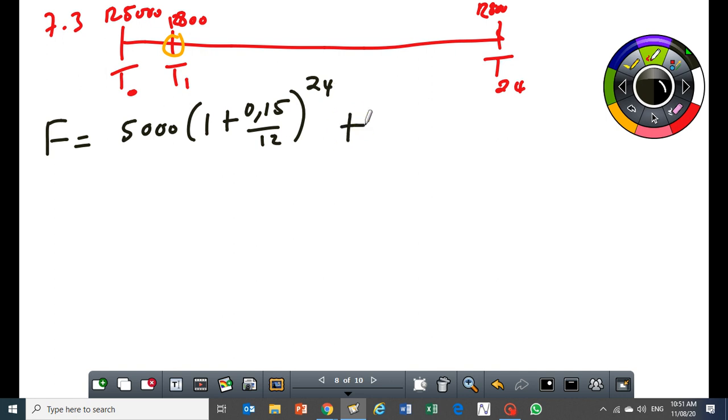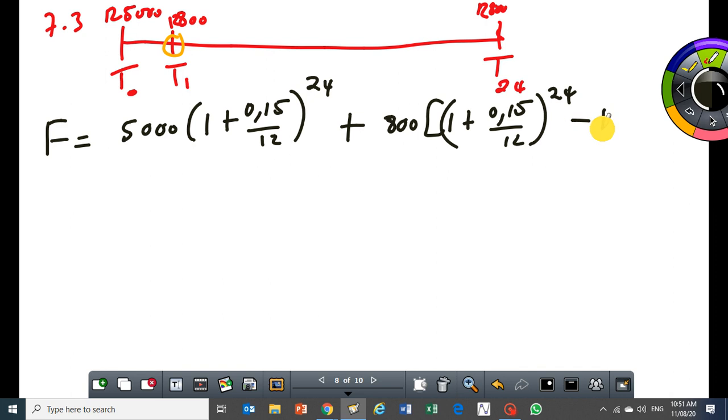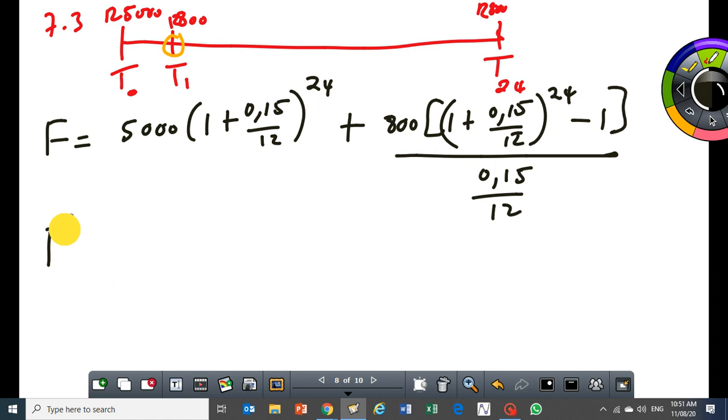Plus the annuity now, which is the future value. So our x is 800 times ((1 plus 0.15 over 12) raised to the power of 24, minus 1), all over 0.15 over 12. Okay, so if you simplify that, what do you get?